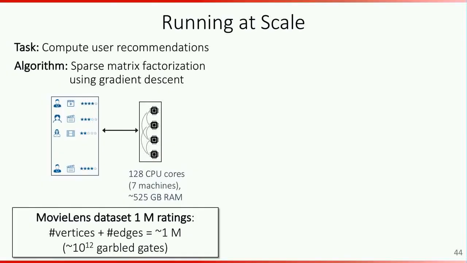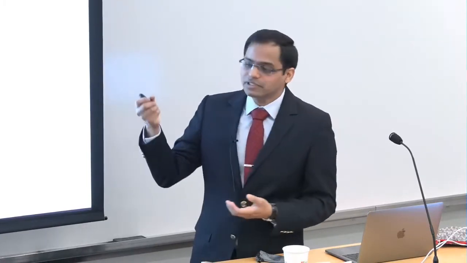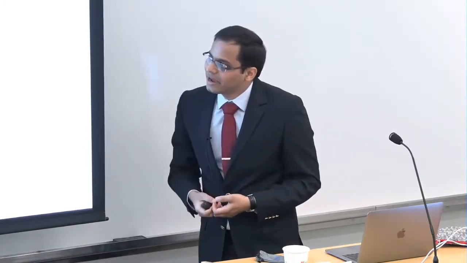Given parallelism was one of our key improvements, the first thing we wanted to do was try to run this on as big a computation as we can. And we did this for the task of computing user recommendations, and the algorithm that we implemented was sparse matrix factorization using gradient descent.